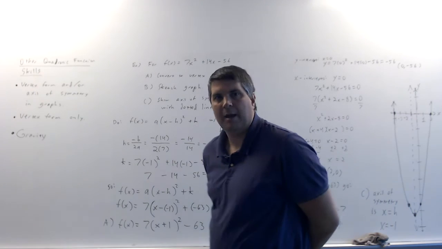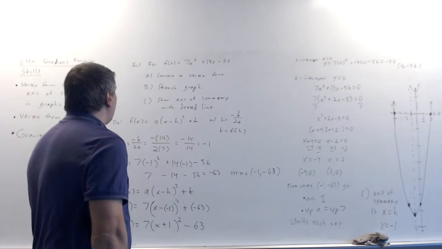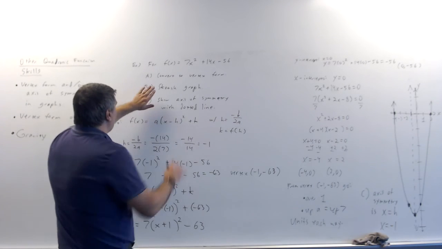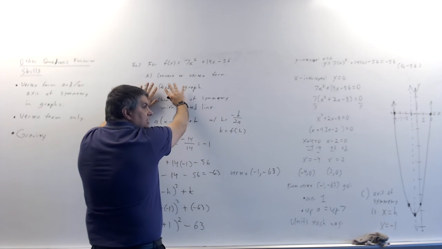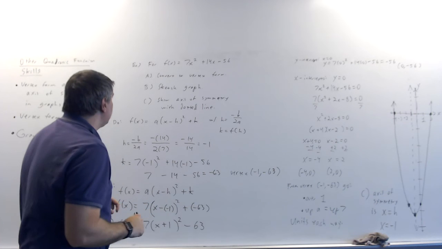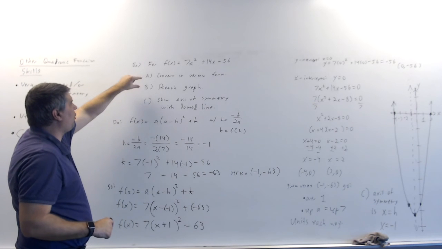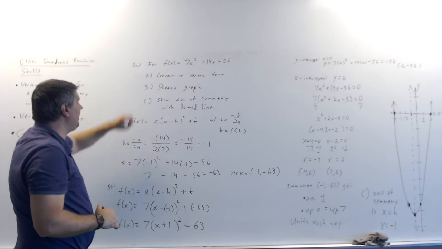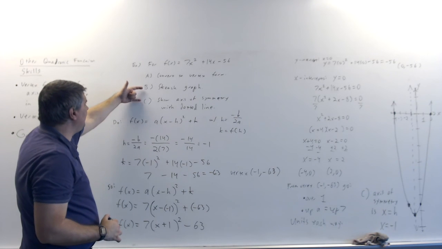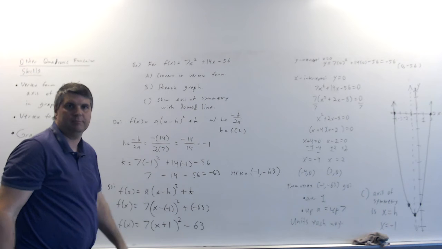Okay, please keep in mind, sometimes you might be only asked for that for converting to vertex form, in which case there's no graph. Other times you may be asked for vertex form and the graph, but not the axis of symmetry. And sometimes you may be asked for these two, but without A. Okay, that could happen.